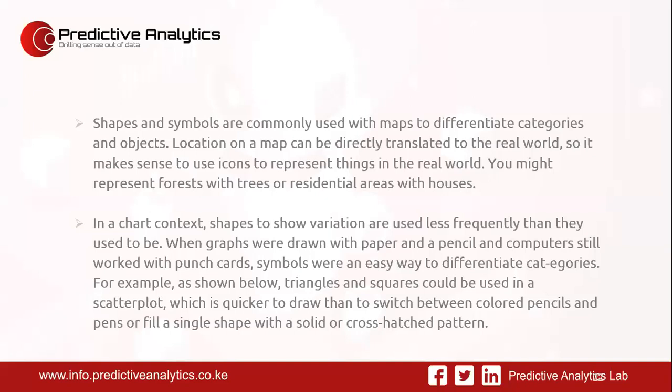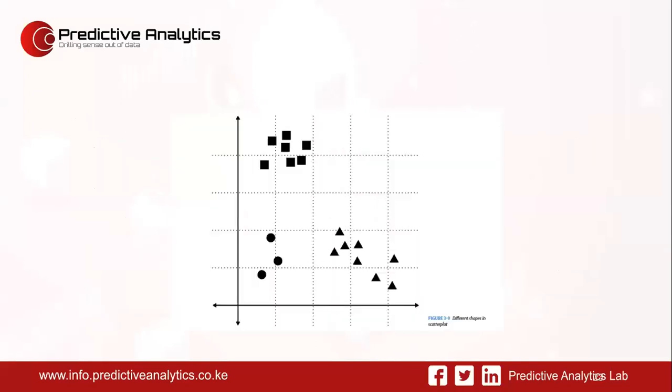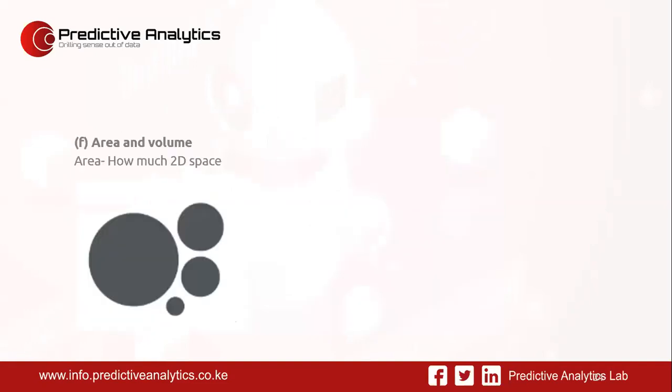We had looked at what a scatter plot is, which is quicker to draw than to switch between colored pencils and pens, or fill a single shape with a solid or a cross-hatched pattern. So if you look at the example below, we have different shapes in a scatter plot. So you can also encode by shapes. For example, forests with trees, like we said. So that's encoding by shape.